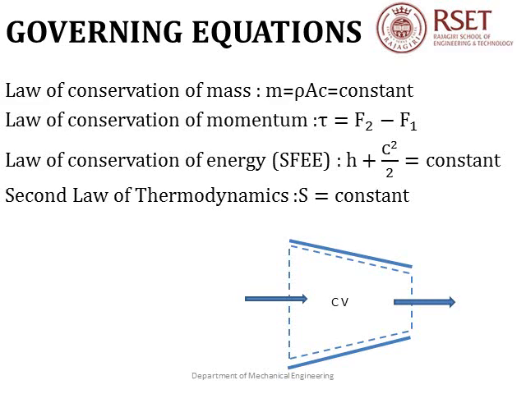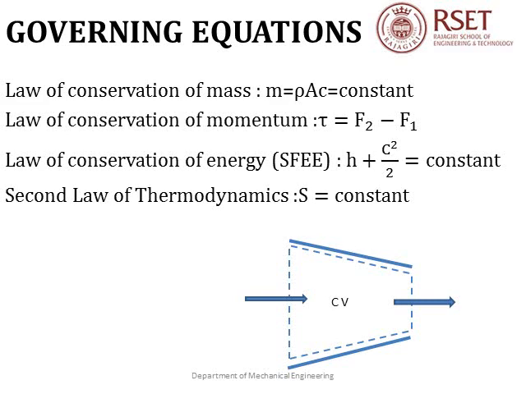The change in energy due to elevation is also zero. Hence, our steady flow energy equation reduces to H1 plus C1 square divided by 2 is equal to H2 plus C2 square divided by 2.